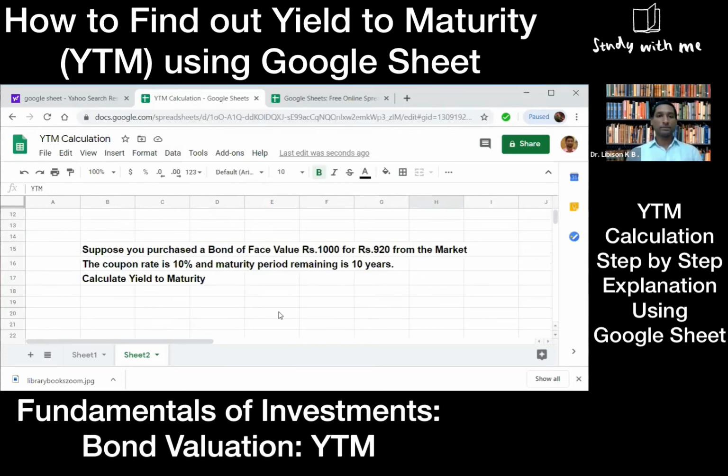Suppose you purchased a bond of face value rupees 1000 for 920 from the market. The coupon rate is 10% and maturity period remaining is 10 years. Calculate yield to maturity. So face value, we have 1000. Market price, current market price is 920.